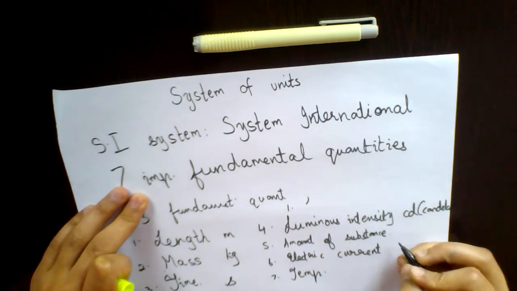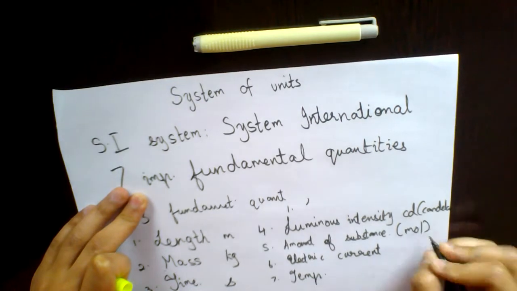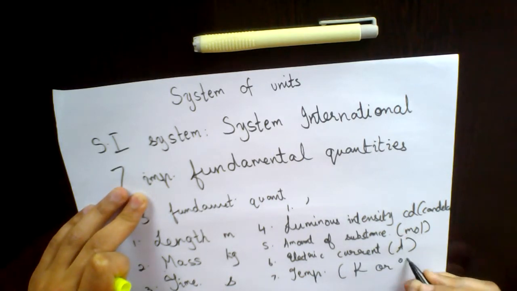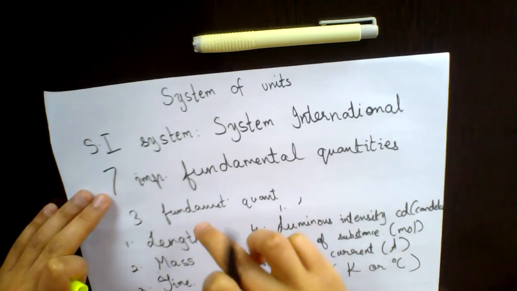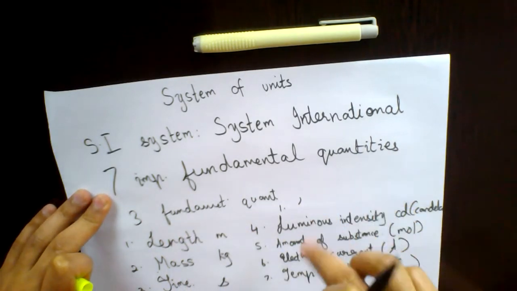Amount of substance had the unit of mole. Electric current had the unit of ampere, and temperature, like you all know, is expressed in Kelvin or degrees Celsius. Now these were the 7 fundamental quantities which were given by Giorgi.